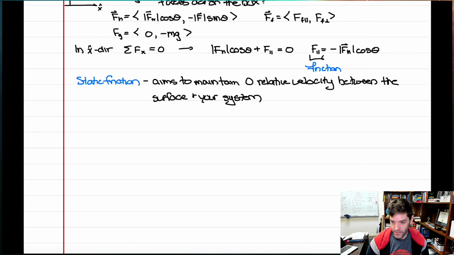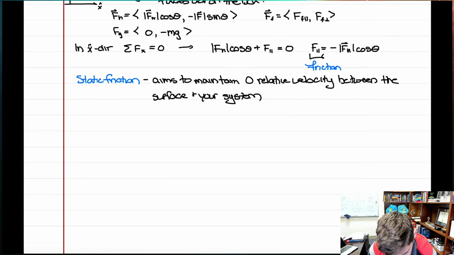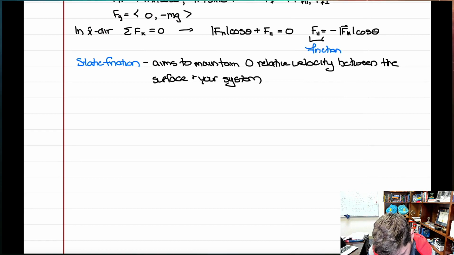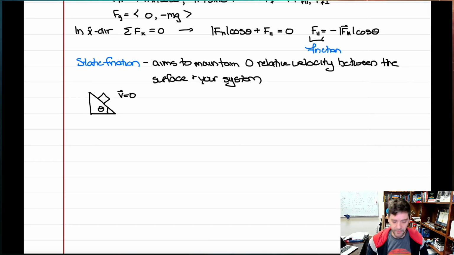Let's take the example of a box, to remove the agent of the hand. Let's just have a box on a ramp, but it remains stationary. There's something about the ramp that's sticky enough, or there's enough friction, such that the box does not move.